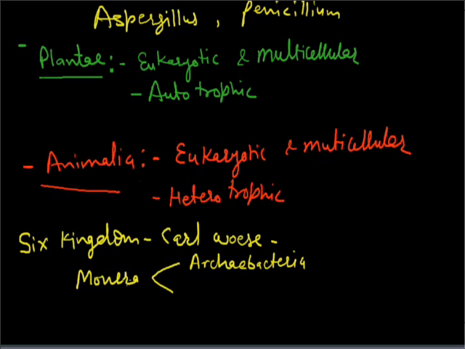Extreme conditions means very high temperature and very high salinity. The bacteria found in very high temperature and very salty areas are known as Archaebacteria. And then Eubacteria. Eubacteria means normal bacteria which are present in our surroundings. So according to Carl Woese, the living beings are categorized in six kingdoms.